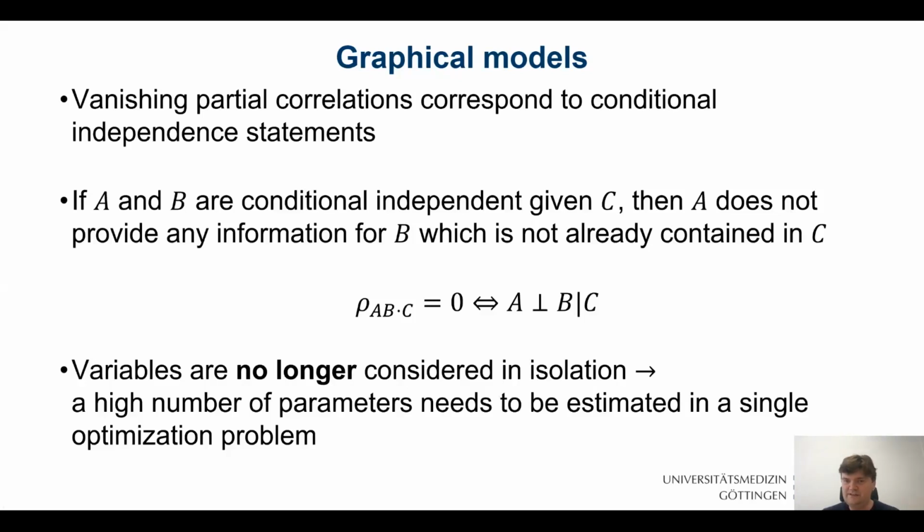And computationally, that means that we need to consider all variables at once. So we cannot consider two variables, for instance, two gene expression levels in isolation, but we need to consider as much as possible, which can help to basically reveal if it is a direct relationship or an indirect relationship.